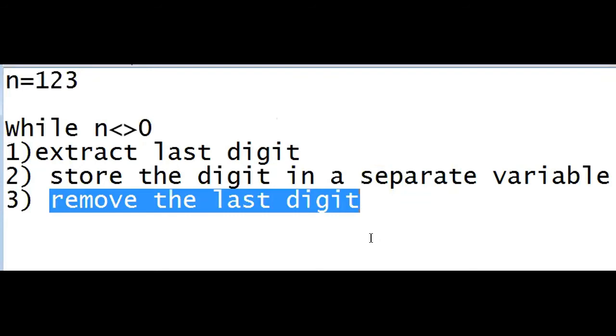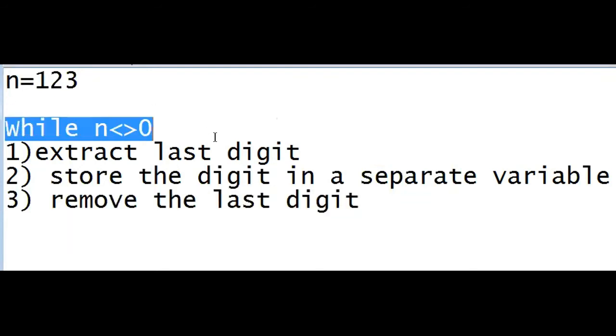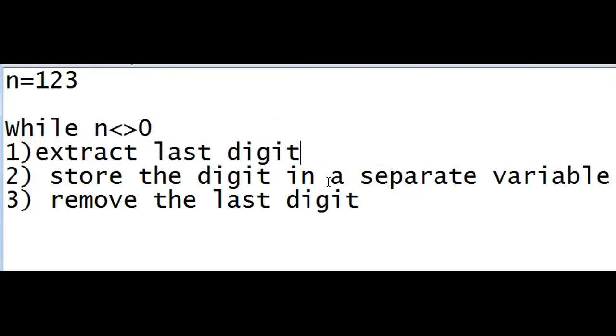Extraction of digit is the same thing: r is equal to n mod 10, which will give us the last digit. And in order to remove the last digit, we will use the same statement, that is n is equal to n slash 10.